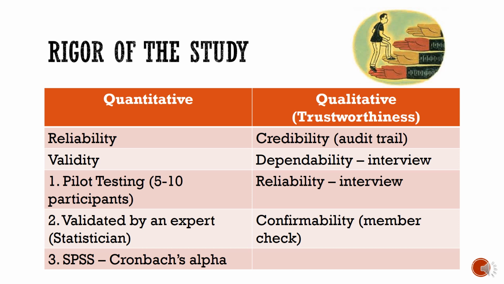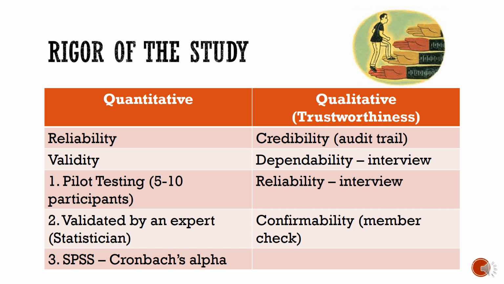Application called SPSS, wherein we compute for Cronbach's alpha. For qualitative, ang tawag po sa rigor ay trustworthiness. So, credibility is achieved through audit trail. So, together with your advisor, they follow your step-by-step procedure. Likewise, when you write your paper, if we are able to redo the paper based on how you narrated how you performed your study step by step, it is credible.